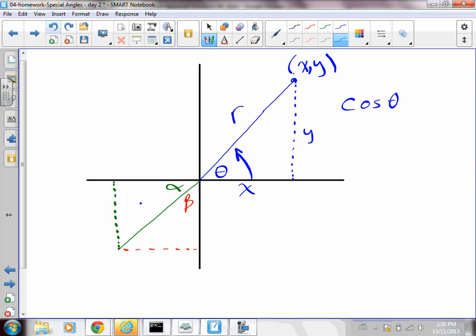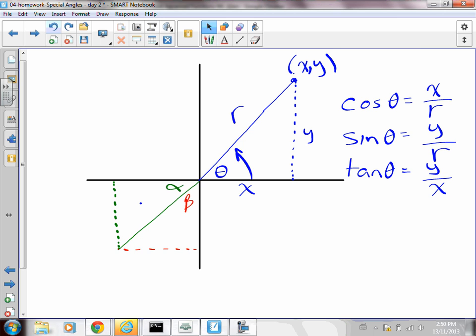Cosine of the angle is going to be my adjacent, x, over my hypotenuse, r, which I'm using just because it's the radius. Dealing with sine, I get the y value, which is the opposite, over the r, which is the hypotenuse. And of course, tan is the opposite y over the adjacent x.